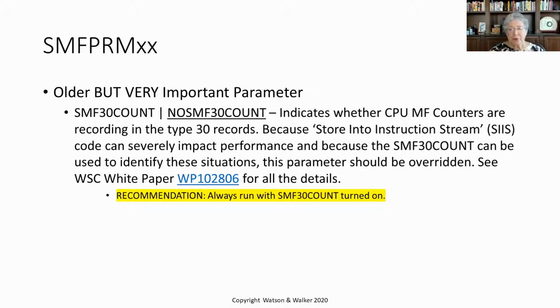But if you do, they're stored in the type 30 records if you say SMF 30 count. And why it's important is that the store into instruction stream code can severely impact performance. And you can use the SMF 30 count to identify those situations. So absolutely override this and look at this white paper for more details.